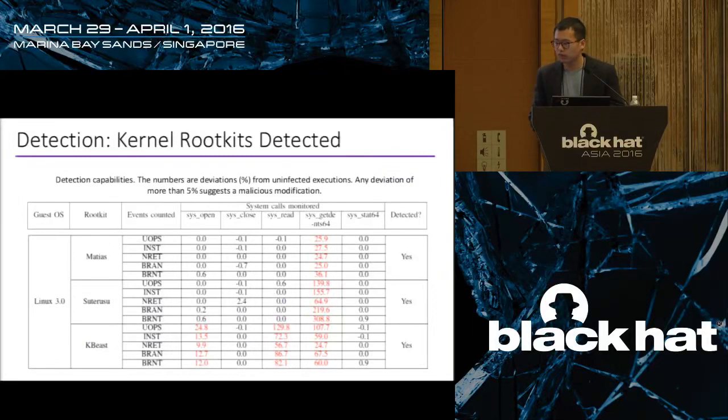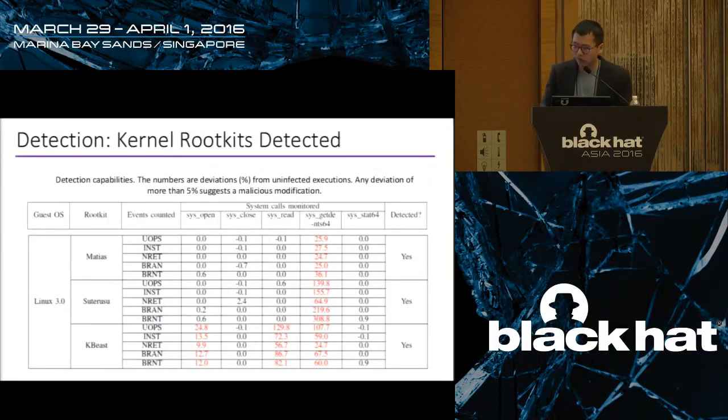And the next 5 columns are the syscalls that we selected. As you can see, we have 5 events for each rootkit and 5 syscalls for each rootkit. So altogether, there are 25 event and syscall pairs for the counter reading. The numbers in the columns indicate the deviation when we run the test program. And the last column shows whether the rootkit is detected or not.